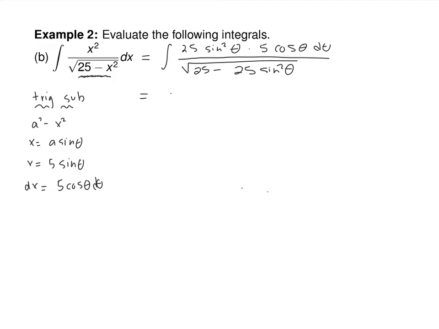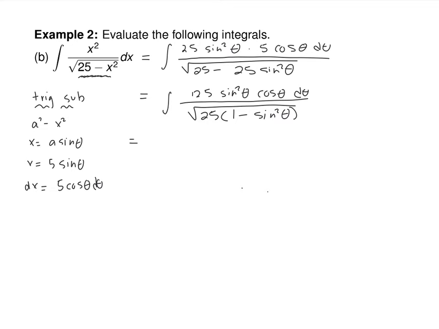And so that's the same thing as 125 sine squared theta cosine theta d theta. In the denominator, the greatest common factor is 25. And now notice that 1 minus sine squared theta simplifies to cosine squared theta.